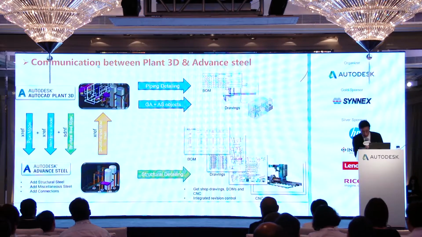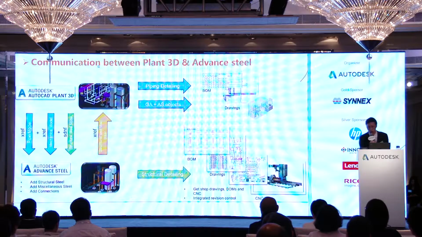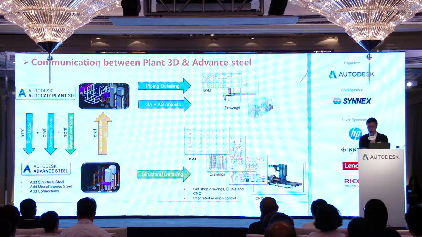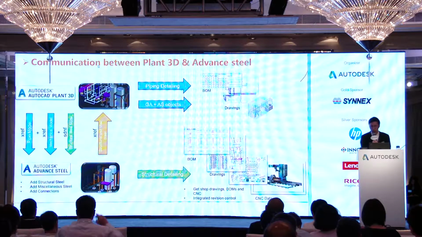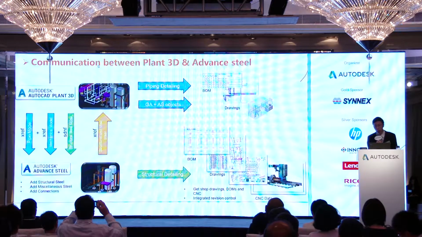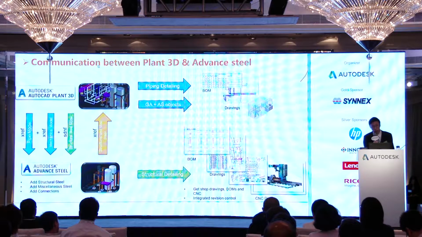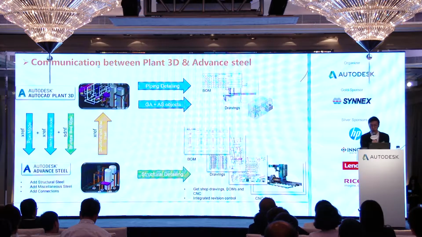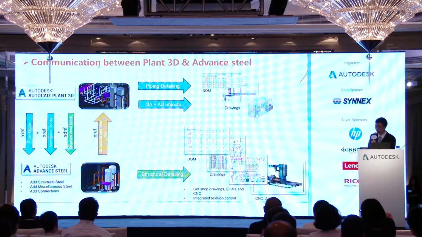Back in Plant 3D, remove the previous Plant 3D steel model and replace it with the new Advanced Steel model. With this workflow, we get both piping and structural detailing in one model. In the end, we can also generate the shop drawings and bills of materials based on the combined model, especially the CNC formatted files that can be used for fabrication and manufacturing.